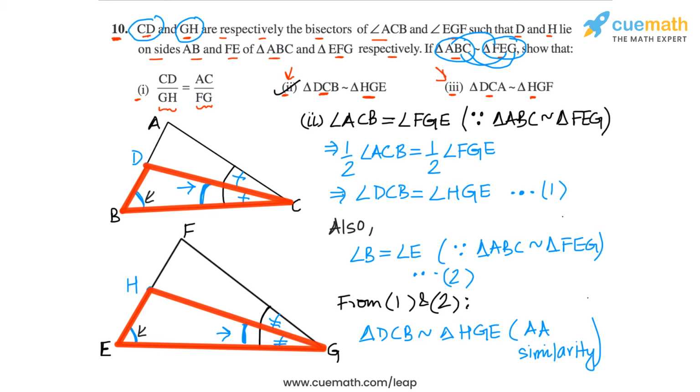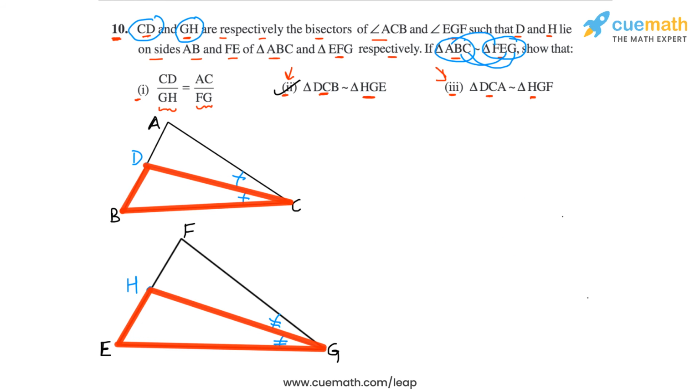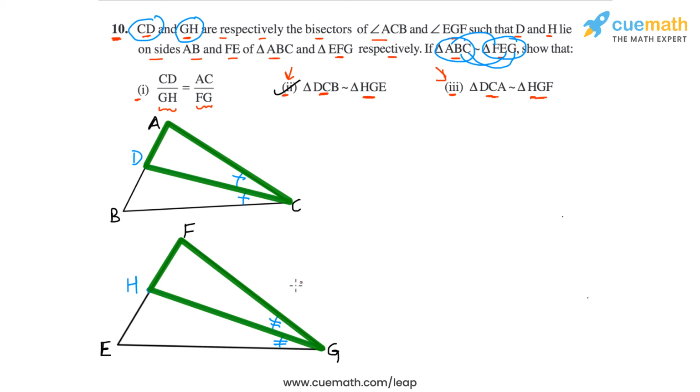Now let's go to part 3. So in part 3, we have to prove that triangle DCA is similar to HGF. So DCA is this triangle and HGF is this second triangle that I've highlighted. Now let's show that these two triangles will be similar.